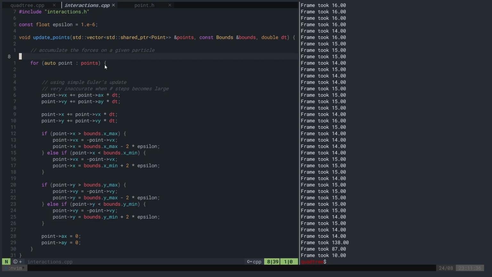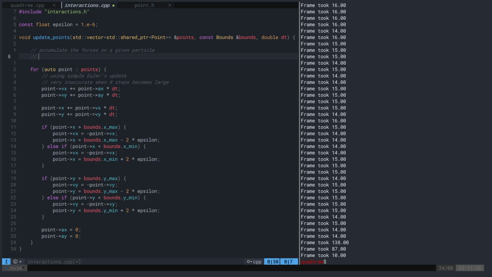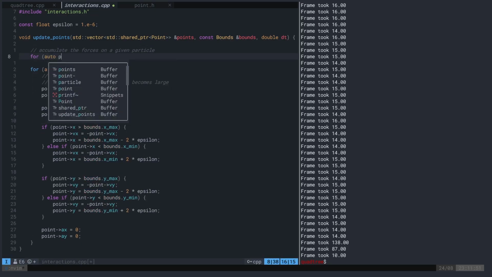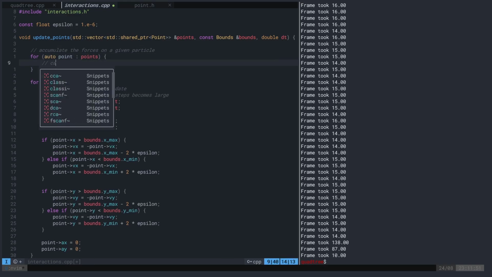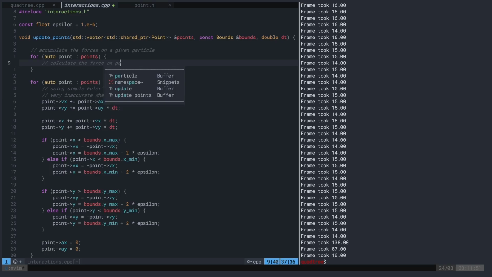So what we're going to do up here is to actually have a new for loop, like so. And then here we need to calculate the force on particle i.